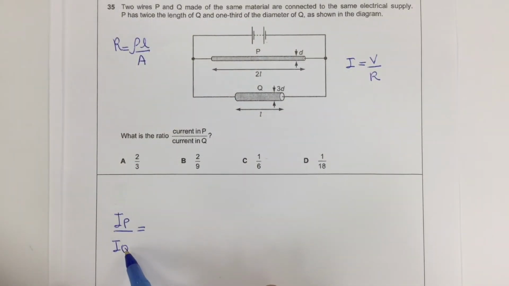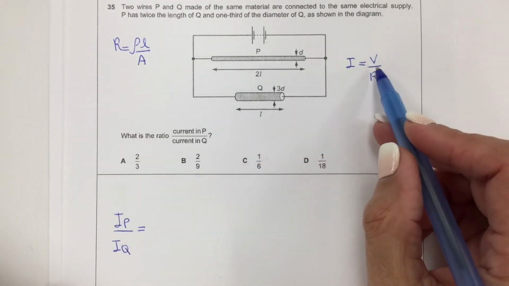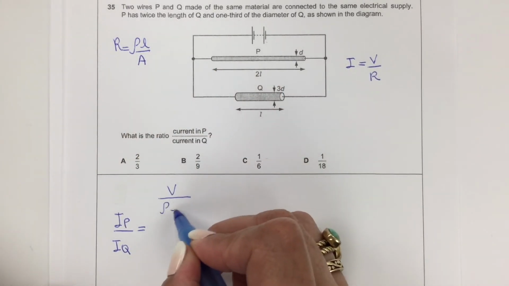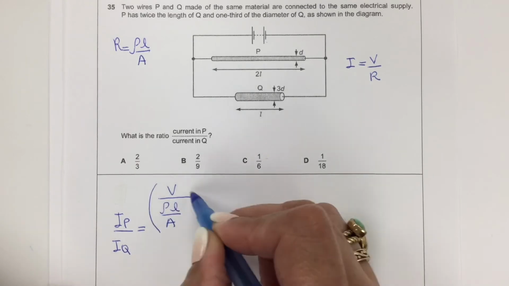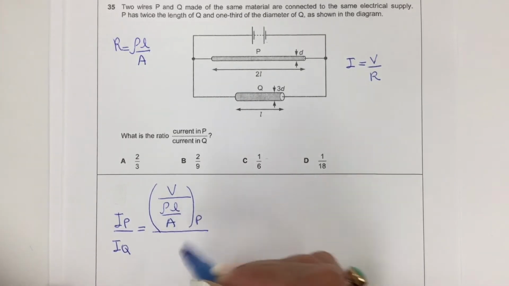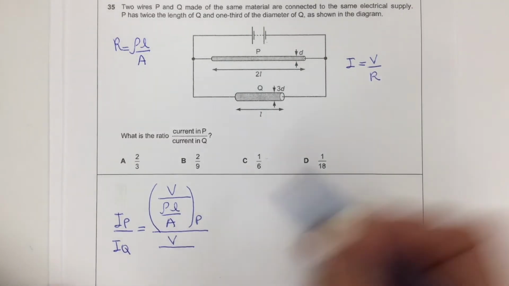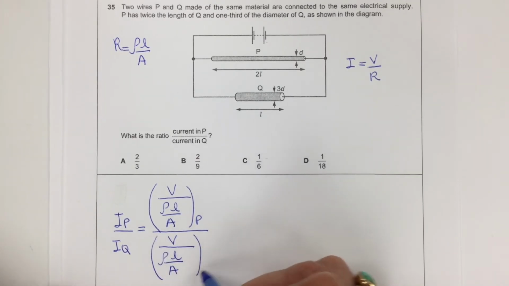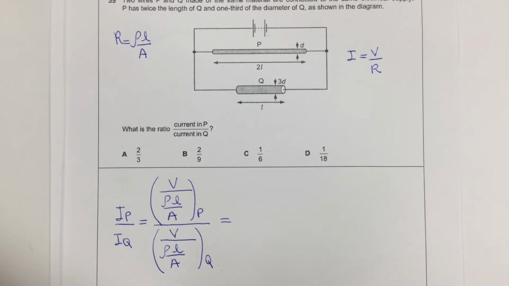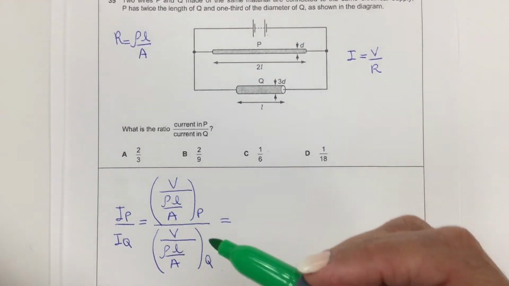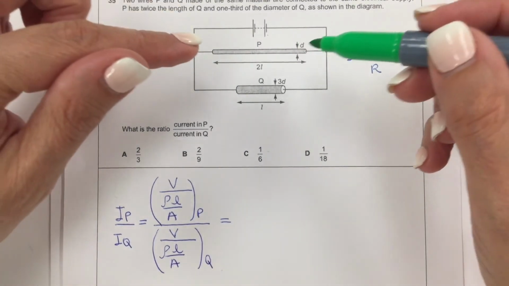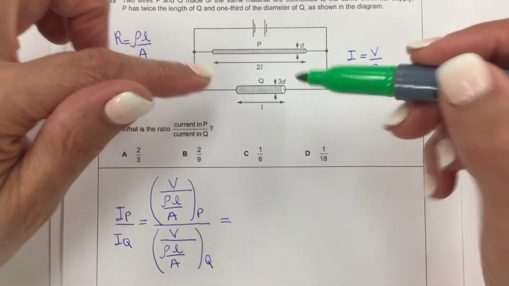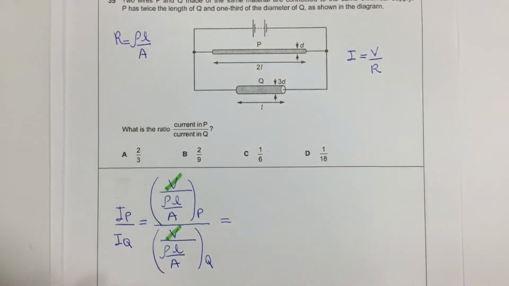Okay, so I_P over I_Q is V over R. Now my R is rho L over A. All these for P over the same for Q. Now I'm going to cancel the same variables, because both wires are connected in parallel, so the voltage across each wire is the same. So I'm going to cancel voltage.